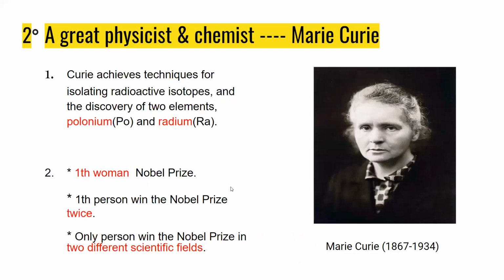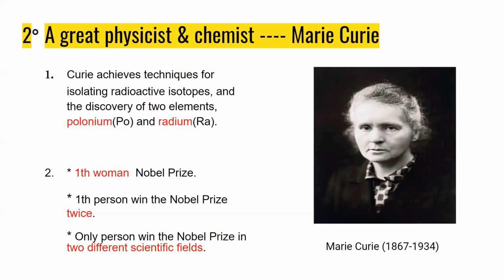Marie Curie was born in Poland in the 19th century. She made great achievements and accomplishments in isolating radioactive isotopes, and she spent her whole life on radioactivity.